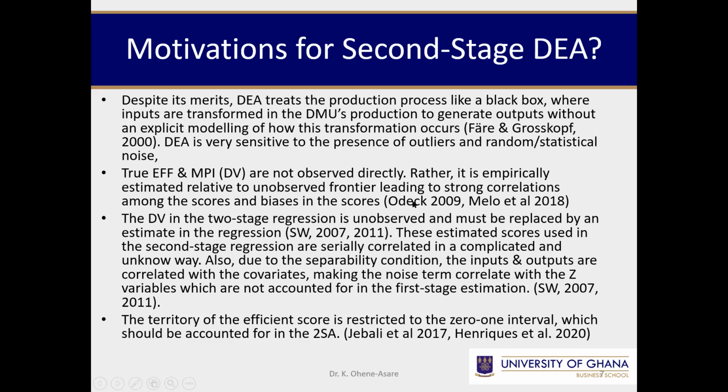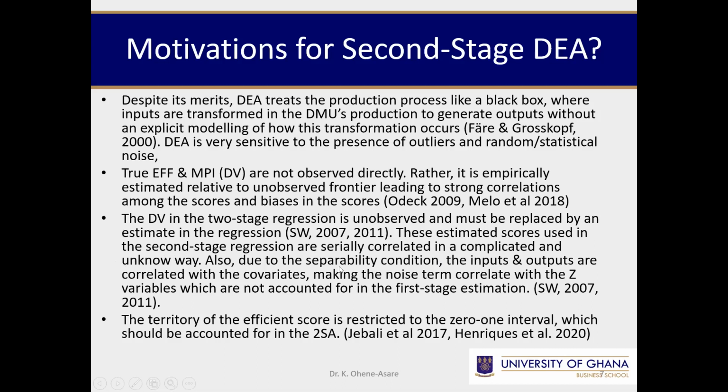And because they are unobserved, they have to be replaced by an estimate in the regression. Now, the estimated scores, the dependent variables which are used in the second stage, they are serially correlated. This is a similar point that I've just made. They are serially correlated in an unknown way.